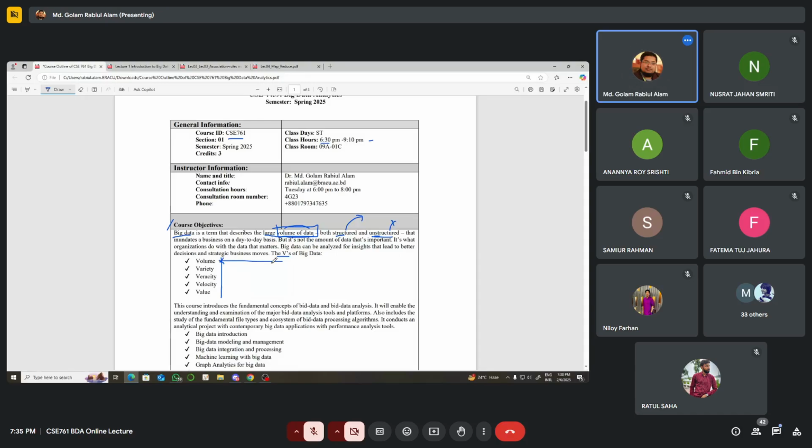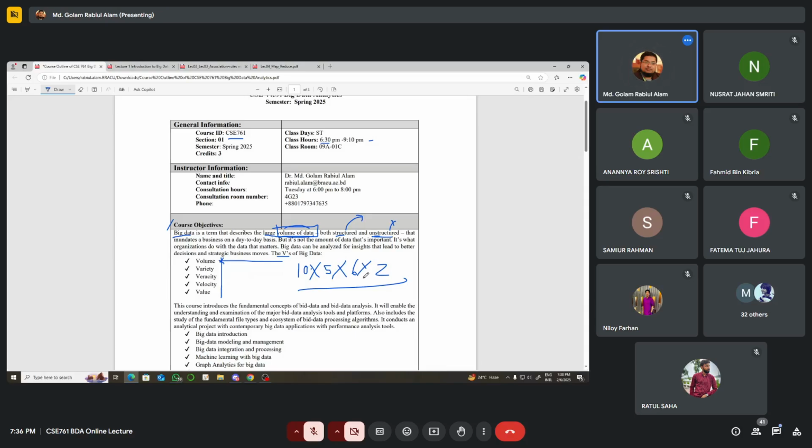Maybe your data dimension is 1 million dimensions, 10 million dimensions, or 5 million, 6 million, 2 million. So this is the data volume and data dimension.